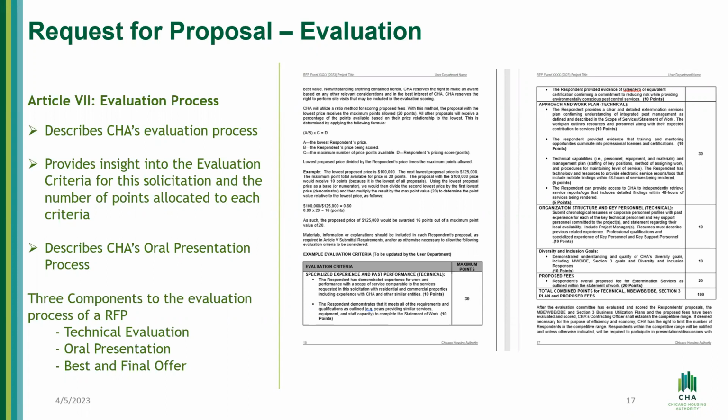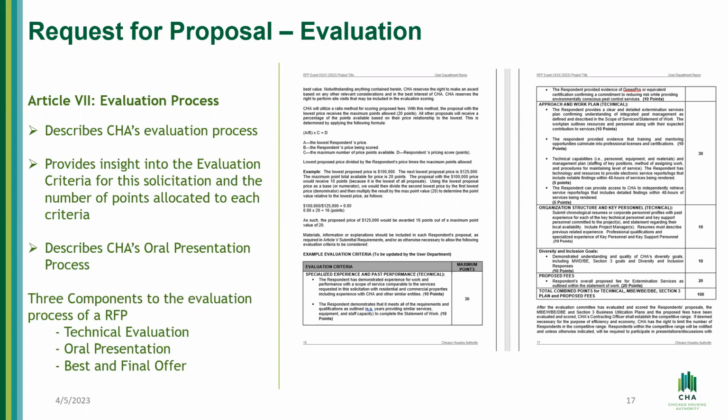The oral presentation will provide the awarding agency the opportunity to clarify issues. They may ask questions, and you can also provide additional information for negotiations. At this point, if there's an oral presentation, they will send you what additional information you need to provide with all those submittal requirements.